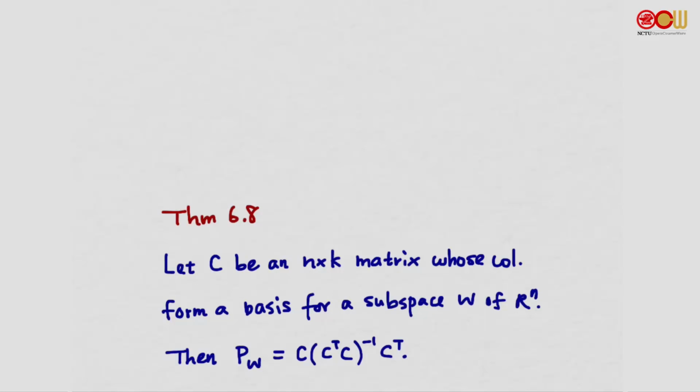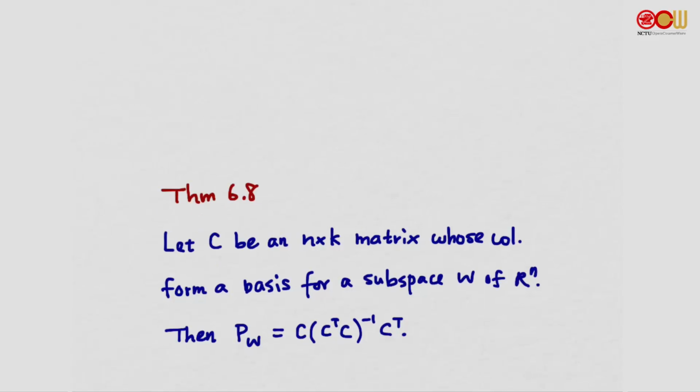Suppose we have a subspace W of Rn, and a matrix C is an M by K matrix whose columns form a basis for W. Then Theorem 6.8 says that starting from C, we can compute the orthogonal projection matrix. It is given by this expression: C, C transpose C inverse, C transpose.